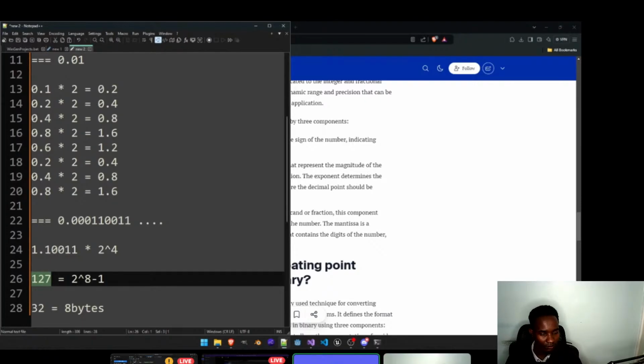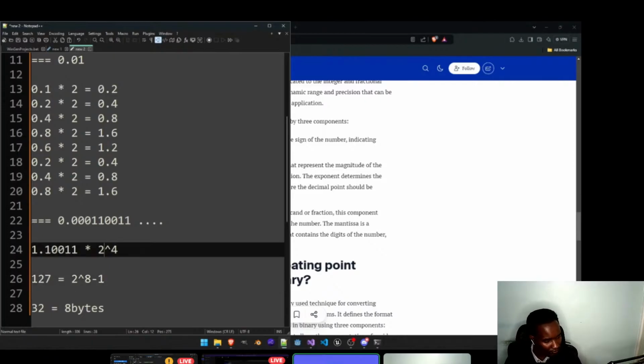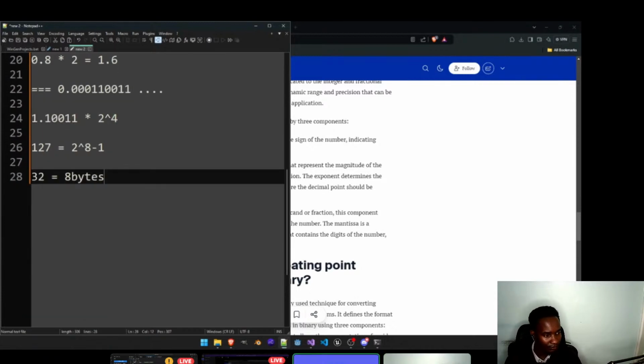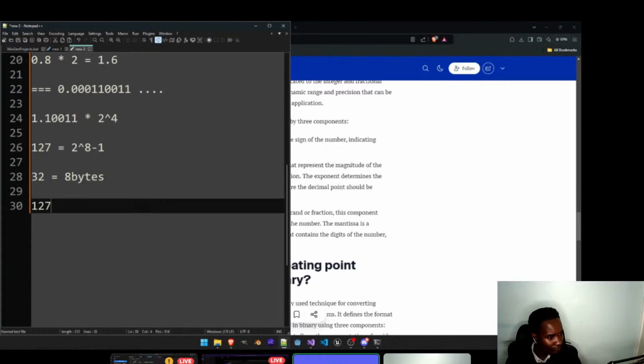So now this bias 127, they add it to our exponent, which in this case will be this 4. So whatever is stored in memory is now 127 plus 4. This is something interesting, because the first time I saw this, I was wondering what that bias is for. Why do you need to add 127 plus 4?